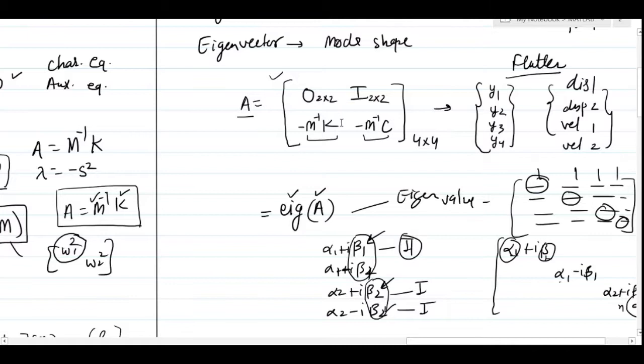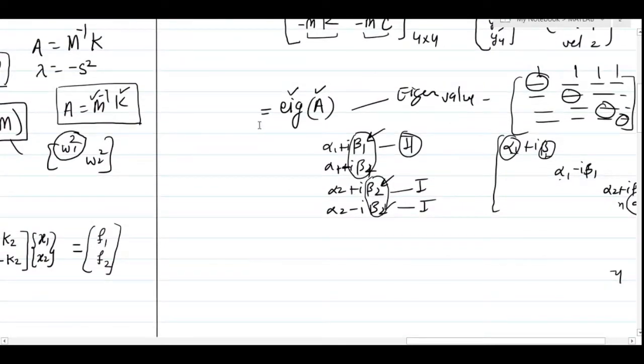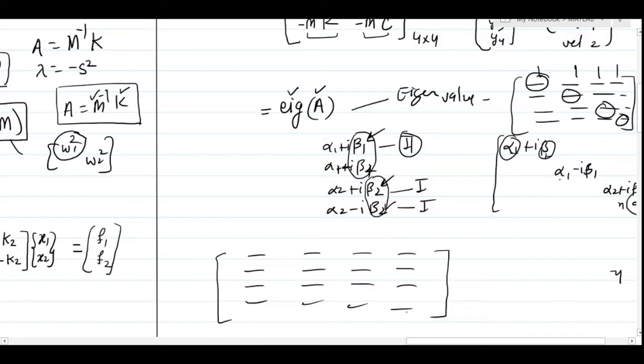Similarly, the second output from the EIG command is indicating the eigenvector. So in case of eigenvector, you will again find four columns with four rows. Actually you are looking for the displacement value, because mode shape is the ratio of amplitude of your system.